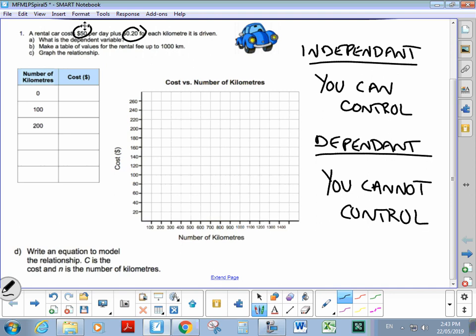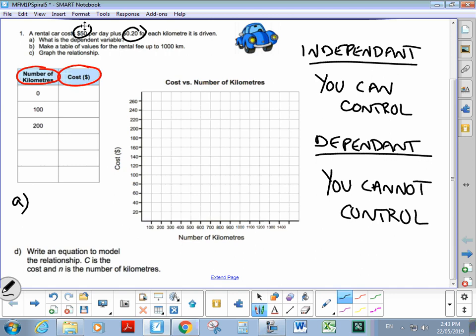So in answering part A, we'll put the A right here under the table. What is the dependent variable? The two variables are number of kilometers and the cost. Ask yourself, what can you control? Can you control how far you drive, or the cost? If you're driving a car, you can control how far you drive. You can say, I'm going to drive 20 kilometers, or 30 kilometers. The cost depends on that.